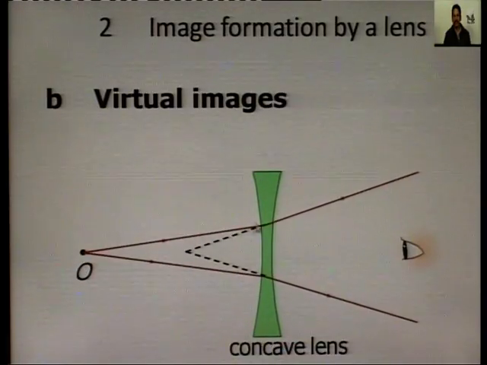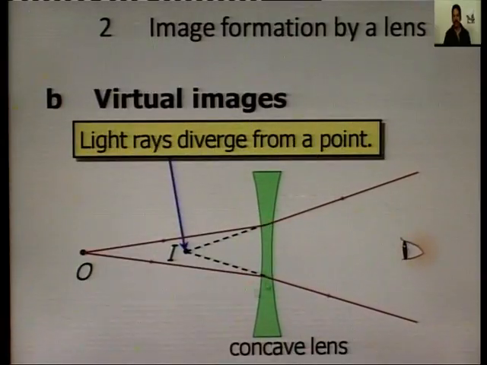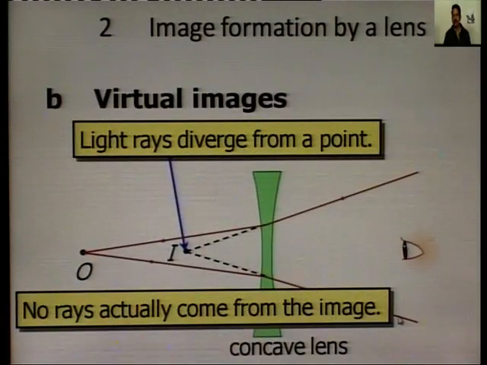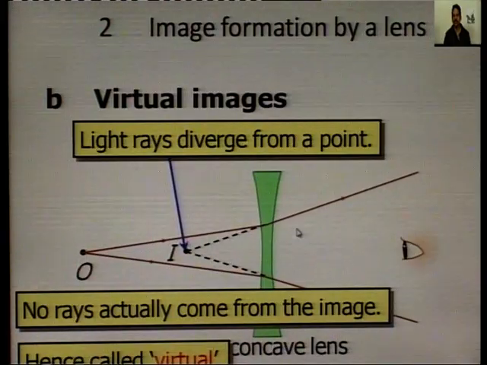The rays of light after refraction from the concave lens will move apart, they will never meet each other, but to the eye of an observer, these rays of light will appear to be coming from this point I. So, it appears that light rays diverge from this point I. So, no rays actually come from the image, and this image is called virtual, as this image cannot be obtained on the screen.